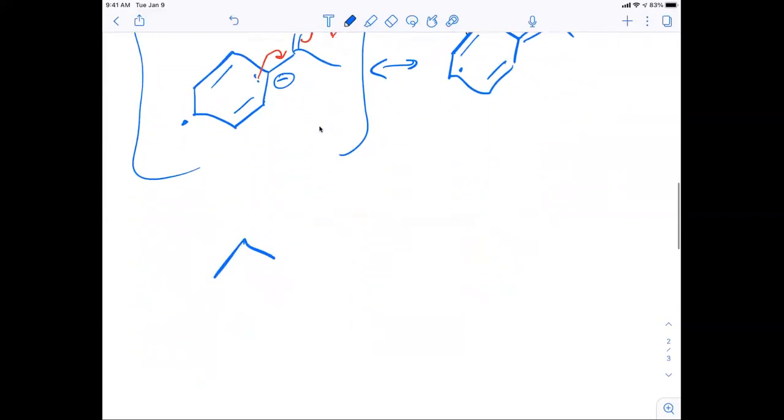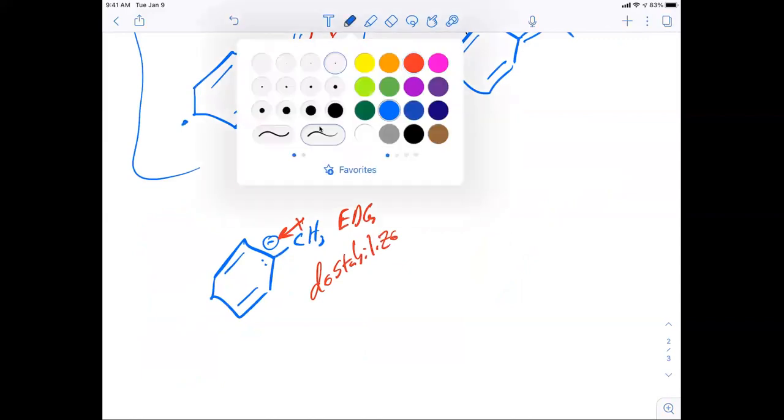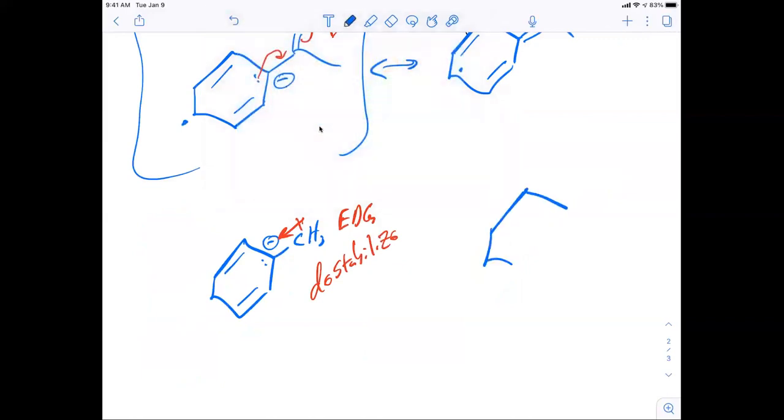The inverse of that is if I had, let's say, a methyl group. This is an electron donating group. It can give electron density to the ring. And what does that do to the negative? This destabilizes it. So in these groups, what we want to see is not next to it. What we want to see is adjacent.